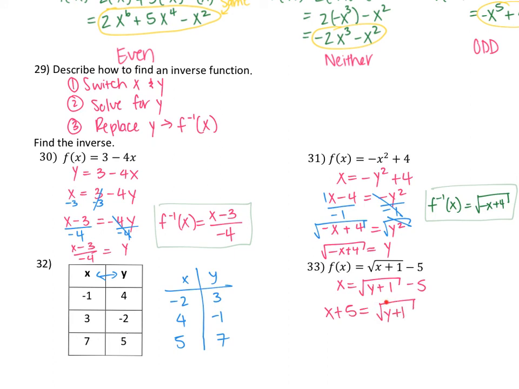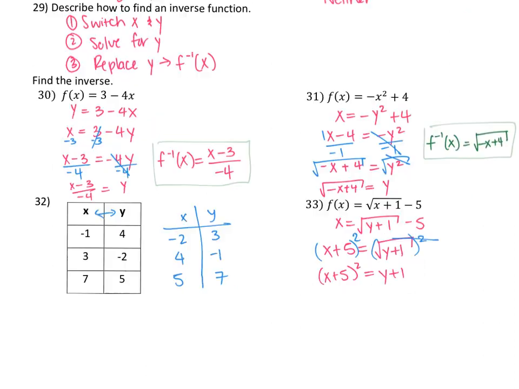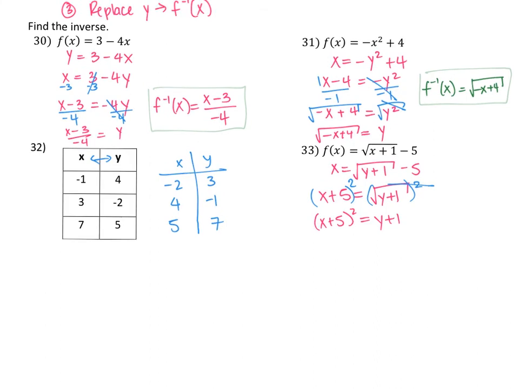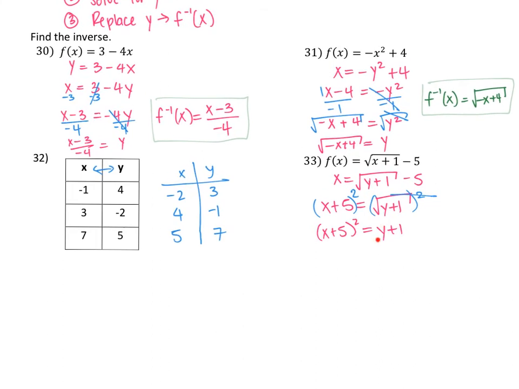You're going to need to get rid of a square root, so you have to square both sides to do that. So that would cancel, and this would give me y plus 1 equals (x plus 5) squared. Now, because you're solving, do not try to FOIL this out. It makes it a lot messier. You only try to FOIL if it asks you to simplify. In this case, you just want to solve for y.